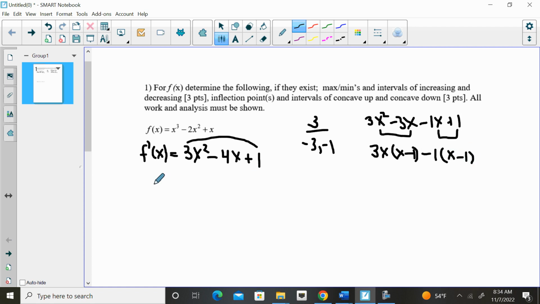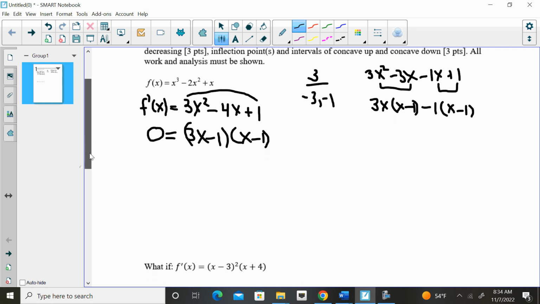So this will factor. And once we factor, we set our derivative equal to 0. So here's our derivative in factored form: 3x minus 1 times x minus 1. We set each factor equal to 0.